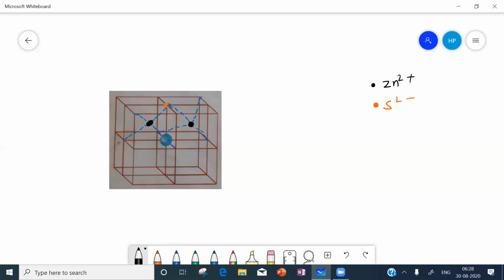Now we will see in the lattice. It is one FCC unit cell. We will see this FCC in the lattice.